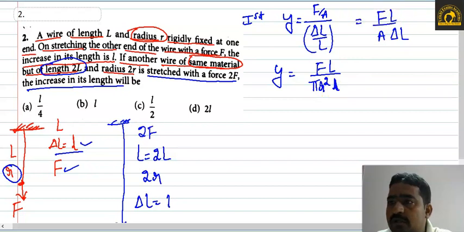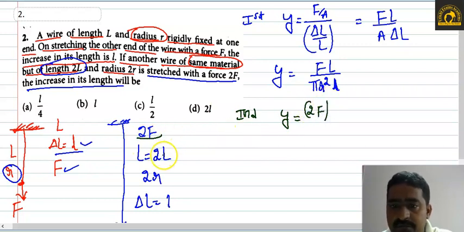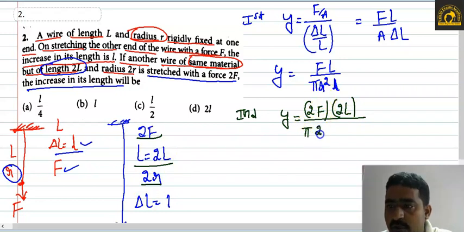Then the second one: Y is equal to force 2F, length 2L, divided by pi into 2R whole square, and then the change in length delta L is unknown.